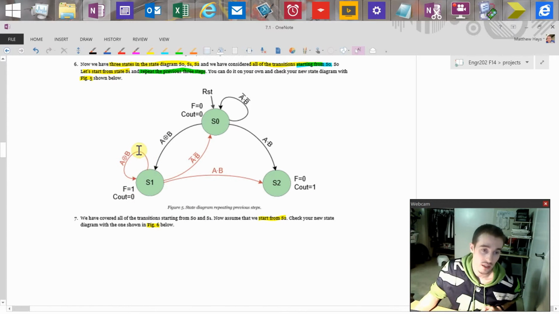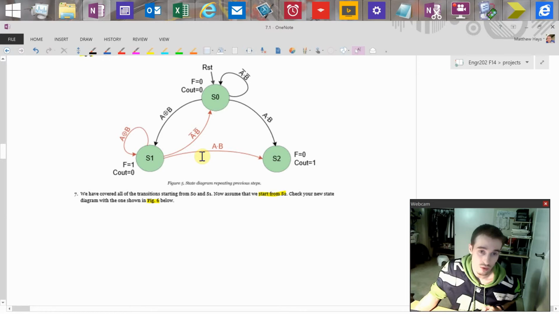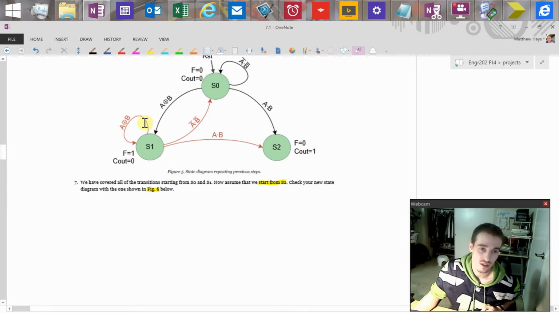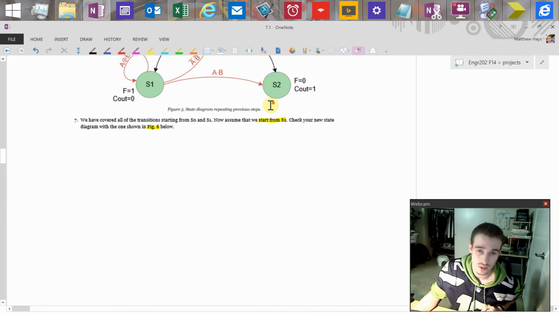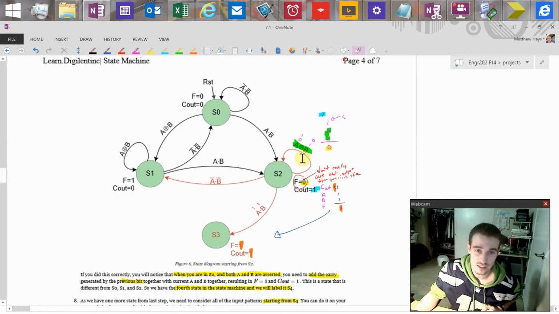You can just do the computations and figure out what it would be, and then draw the arrows, the transitions of what those inputs would lead to, what state it would lead to. I actually did that here on a couple of them.